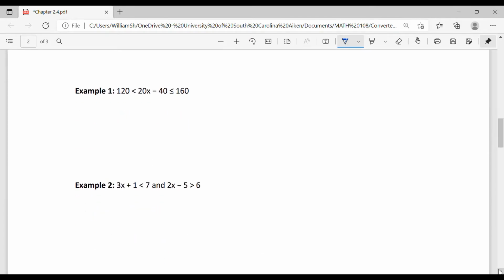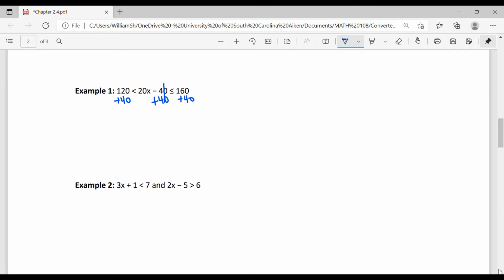Now we've got another example here. It says 120 is less than 20x minus 40 is less than or equal to 160. So let's solve this one for x. First thing I'm going to do is add 40 to all 3 sides.